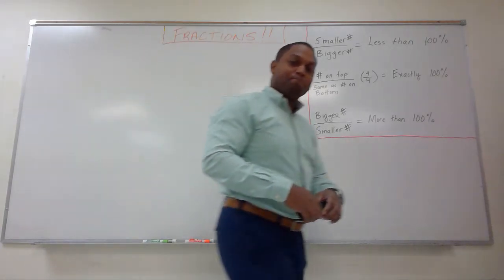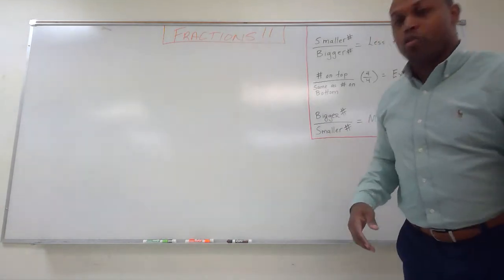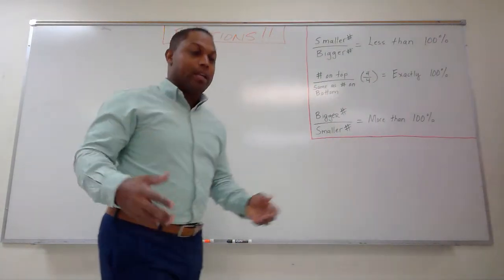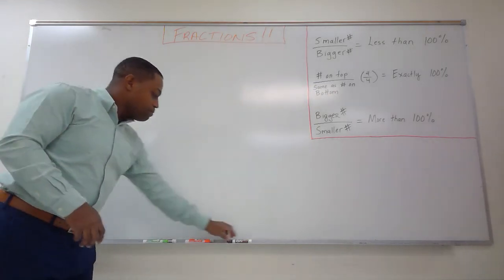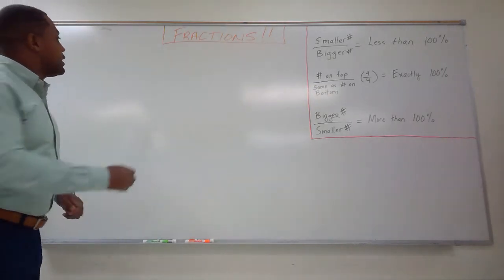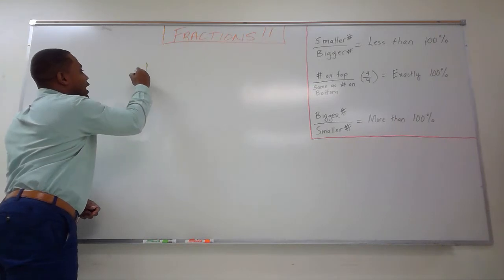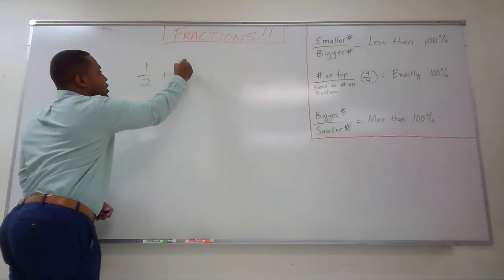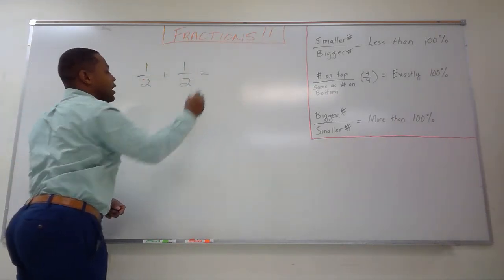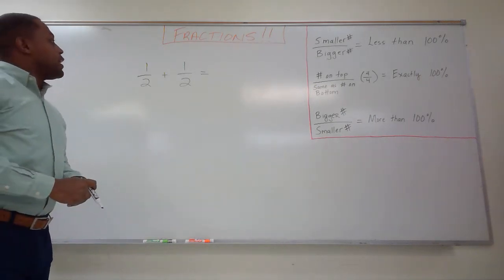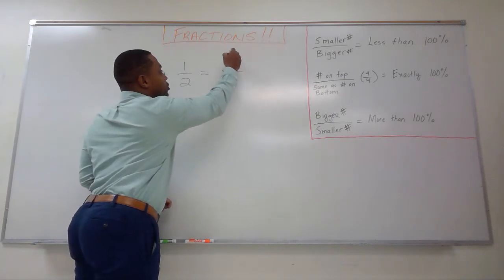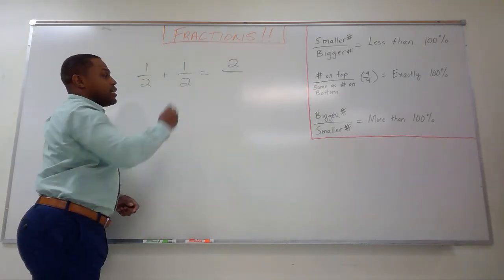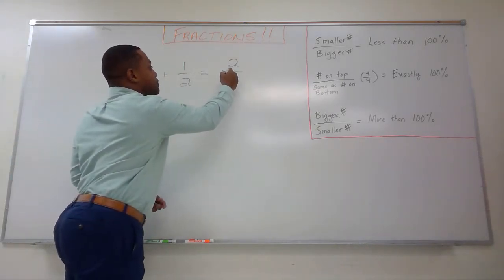All right? So let's talk quickly about how to add, subtract, multiply, and divide fractions. Let's start with 1/2 plus 1/2. If we were to add this fraction here, we would go straight across. 1 plus 1 is 2, and then the denominator stays the same.